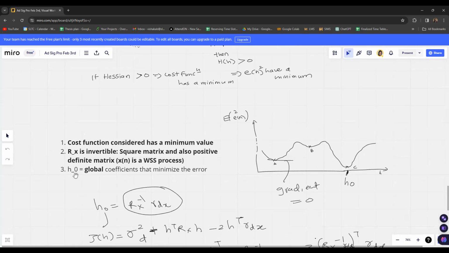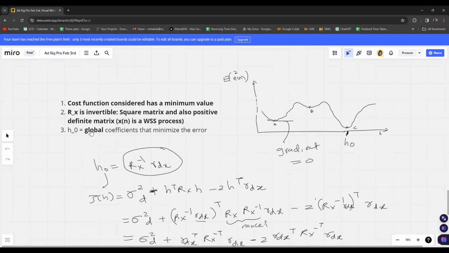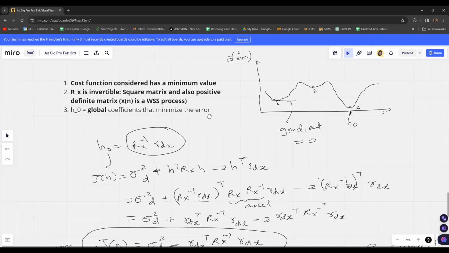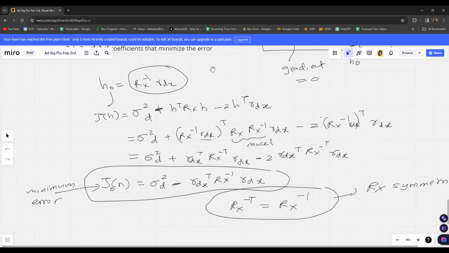After that, we have to find the global minimum and the corresponding filter coefficients for that. So the global minimum point will give the minimum error for the system. This is how the optimal filter coefficients have been derived using these statistical matrices.